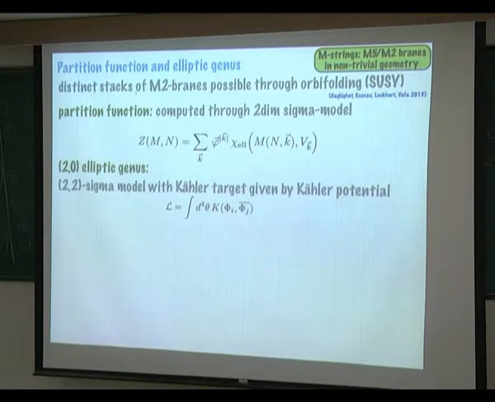So let me explain this a little bit more in detail. If I want to discuss the (2,0) elliptic genus, let me start by explaining a (2,2) sigma model, so if I also had supersymmetry on the right-moving side.